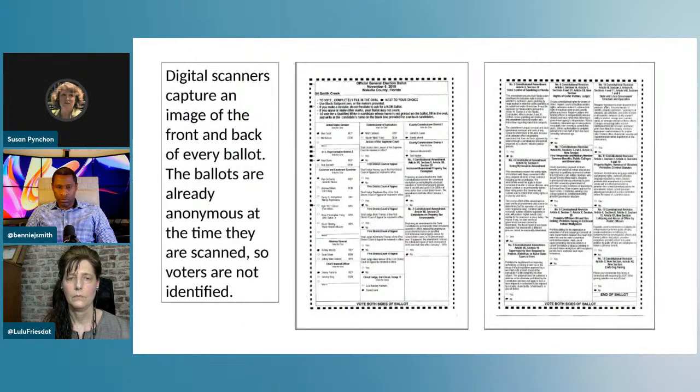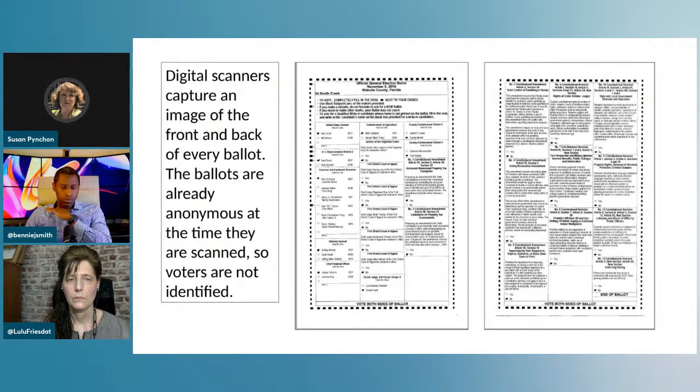As Bennie said earlier, when your ballot gets scanned by the voting machine, whether you're there in person or you send in your vote by mail ballot, it also gets scanned, generally on high-speed scanners. And it's literally just a picture of the front and back of your ballot. If it's a multi-page ballot, it takes pictures front and back of all the pages.